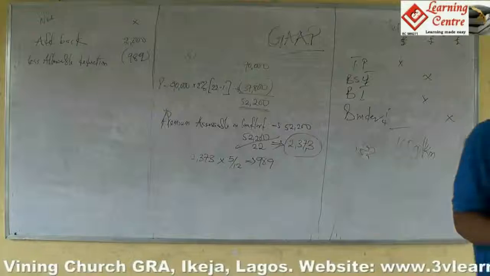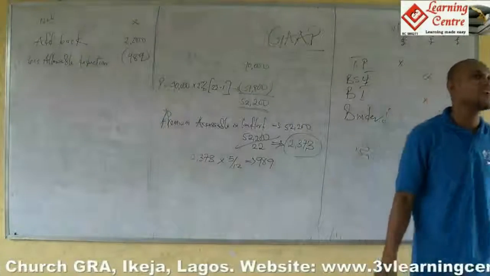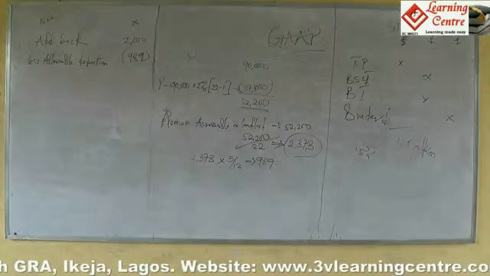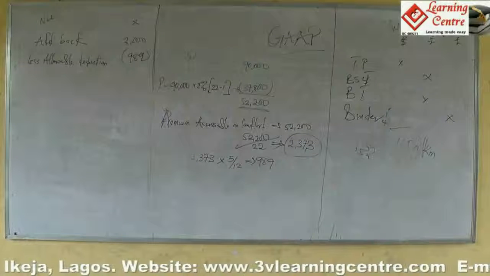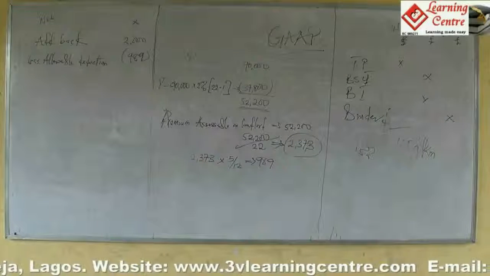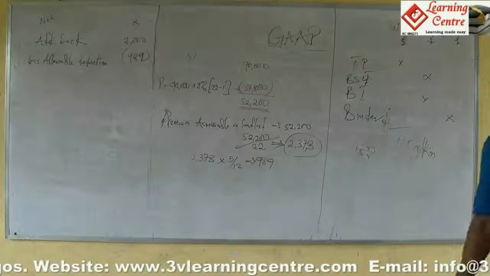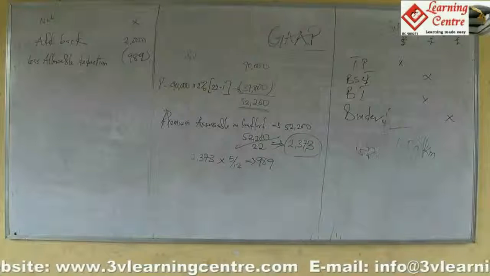What determines whether you get it is the accounting period, not when you bought it. If you acquire it a day before year end, you get it in full. But what determines whether you get full or part is the accounting period you're working with.